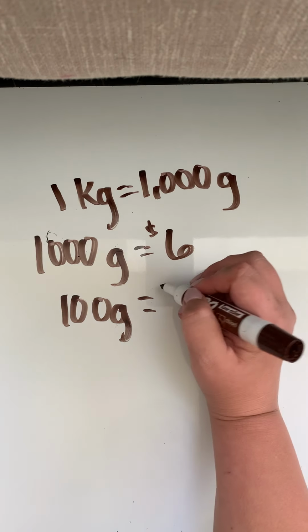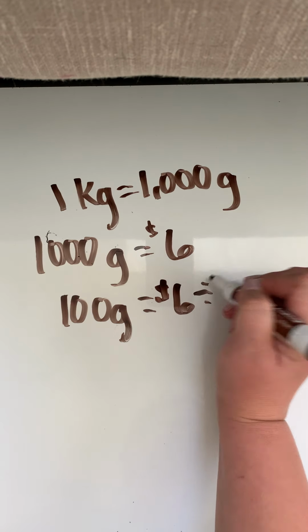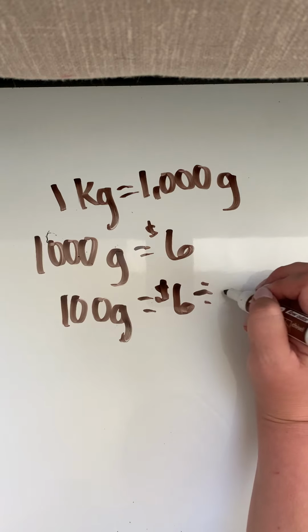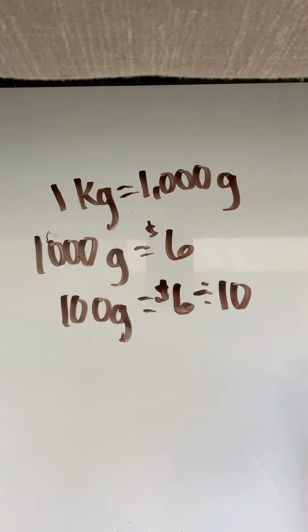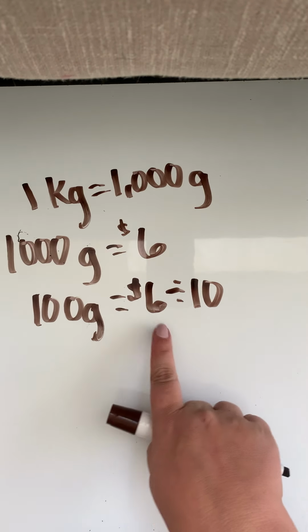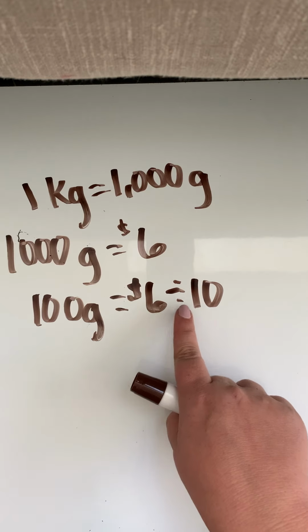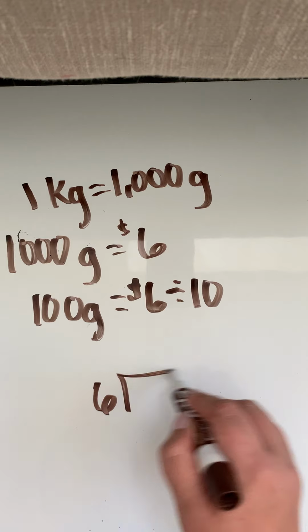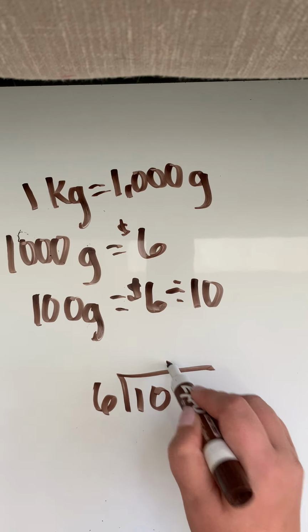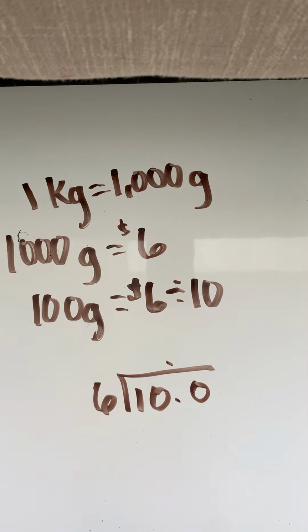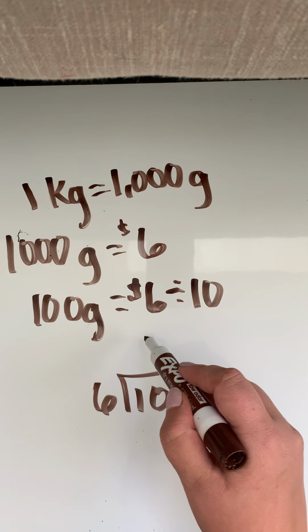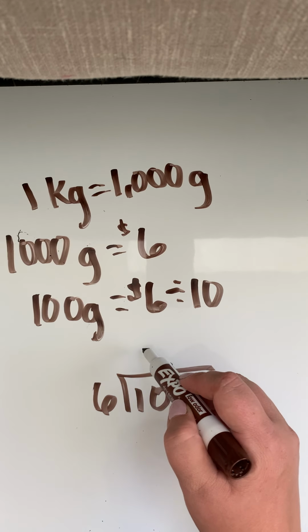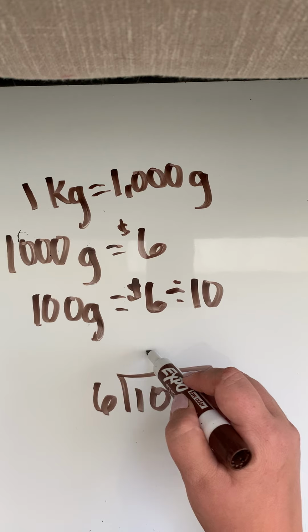So I'm going to do $6 divided by my 100, divided by my 10, okay? So I have 6 divided by 10, and I'm probably going to have a decimal, so I'll go ahead and do that. All right, 6 times what gets me close to 10? Nothing, right?